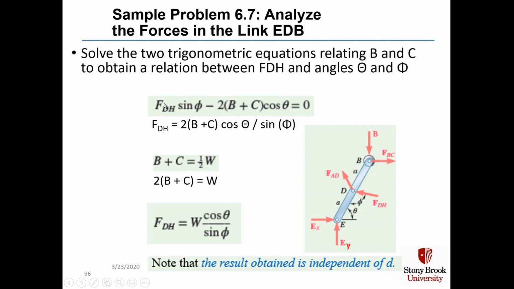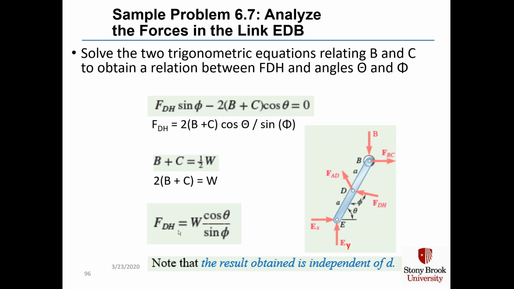So we rearrange the terms in this first equation to get an equation for F sub DH, rearrange the terms here to get 2 times B plus C equals W, combine the equation I'm circling with the second equation I'm circling, do a little algebra, and now we have a term for F sub DH equal to W, which is the full weight of the crate, times cosine of theta divided by sine of phi.